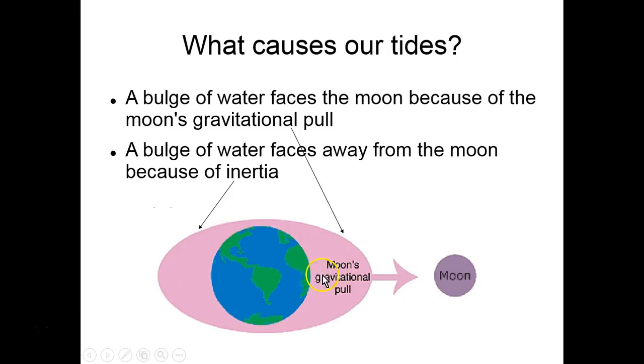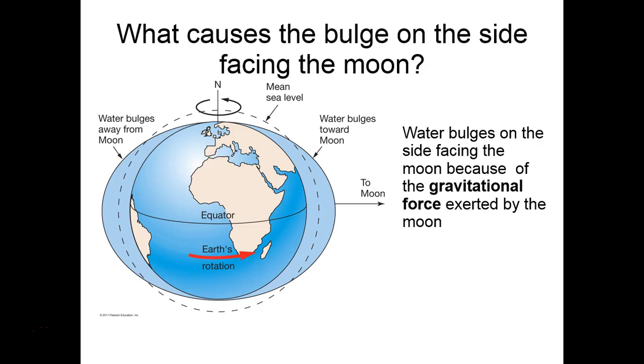So the moon is going to pull on the water that is facing it, and then also you have a bulge of water on the opposite side of the Earth from the moon. And that side is actually caused by inertia, which we'll get to in a second. Okay, so the bulge on the side facing the moon is caused by the gravitational force exerted by the moon on the Earth, right?